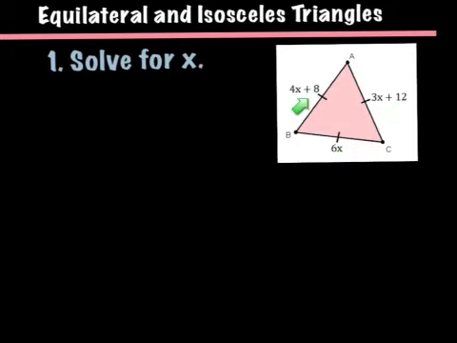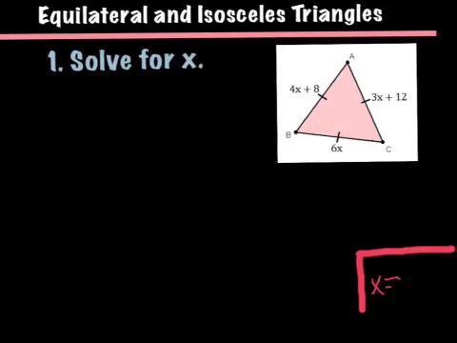Well, all 3 sides are congruent, so we don't need all 3. Just pick 2. Pick any 2 sides and set them equal to each other, and we'll be able to solve for x. So we're solving for x, so let me go ahead and make a spot for my answer.